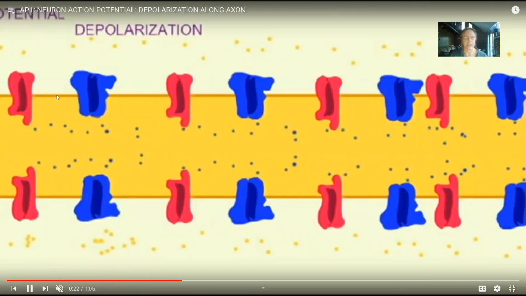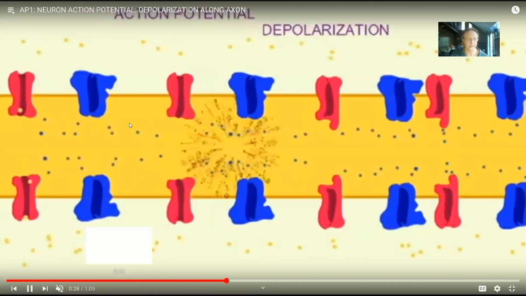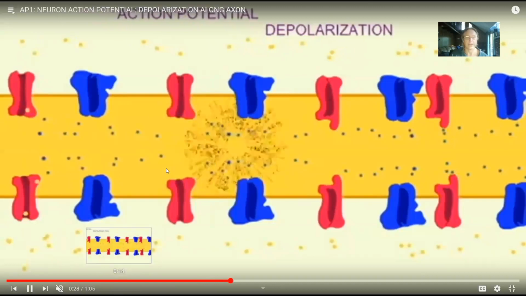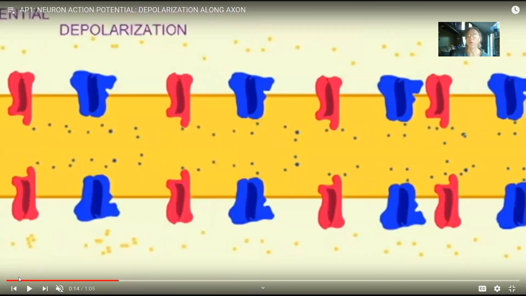I apologize that zooming and watching animations sometimes doesn't go well together, so it's glitching and flows more freely otherwise. But the point was that the sodium that came rushing in here caused this area to go from minus 70 to minus 65 to minus 55.